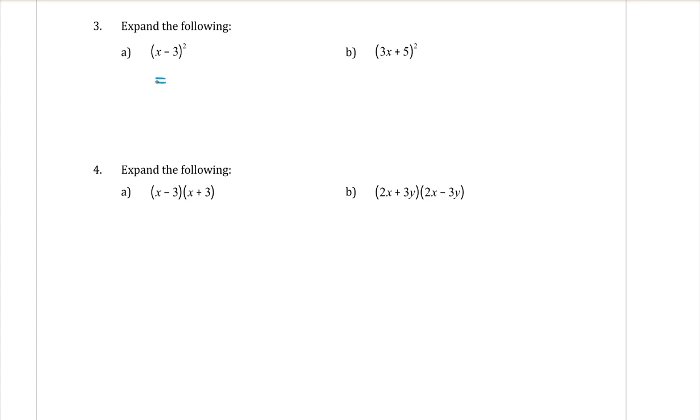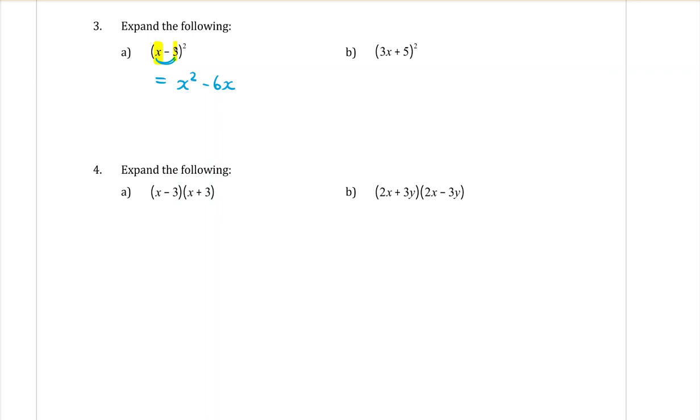So the short method is you times the first thing by itself. So x times x makes x squared. Then you are going to times the x with the minus 3, and you're going to double that. So it's minus 3x, and double that would make minus 6x.